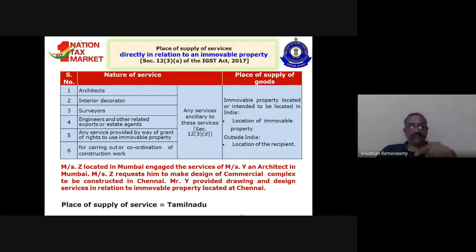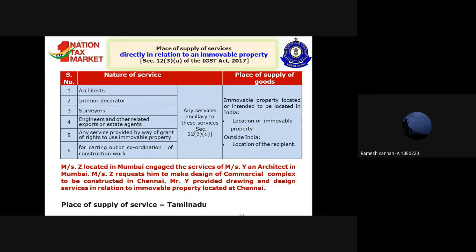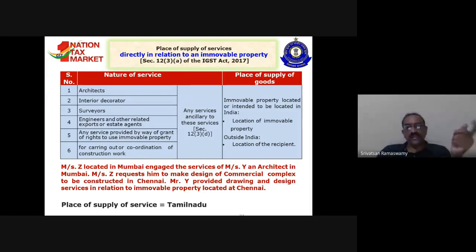But if the property, see for instance, instead of Chennai, Izzard has engaged the services of Y, the architect, and he wants to make an interior design to his hotel in Dubai, which is outside the taxable territory. If that be the case, then it is the location of the recipient.